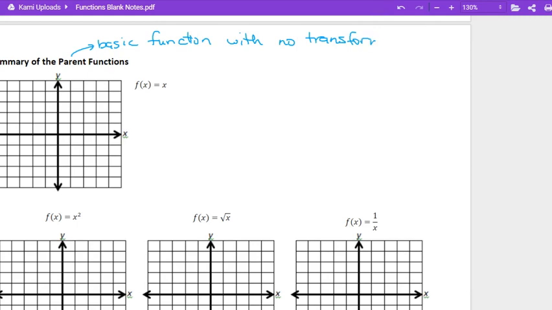What's a transformation? A vertical stretch is a transformation. A horizontal translation, a reflection in the x-axis, those are all transformations.